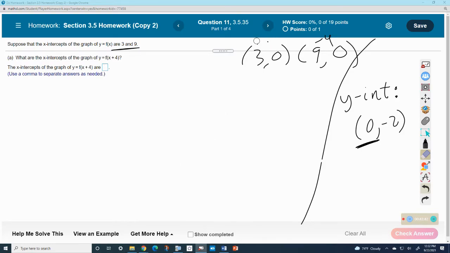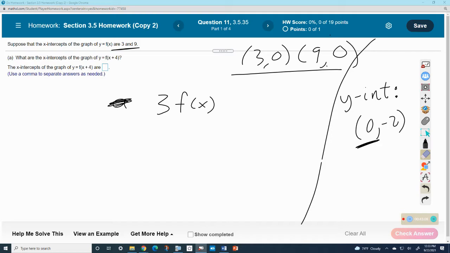What if it said 3 f of x? It gave the x-intercepts, and then it said, what are the new x-intercepts if you had 3 times f of x?